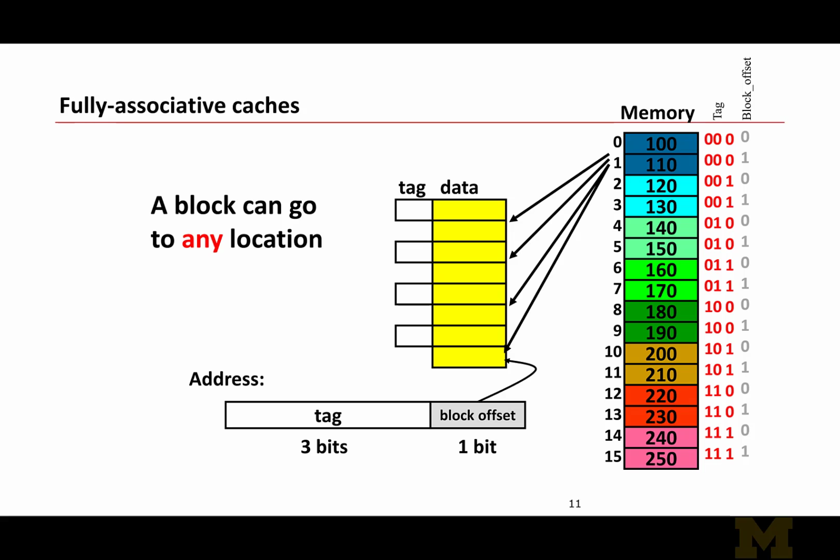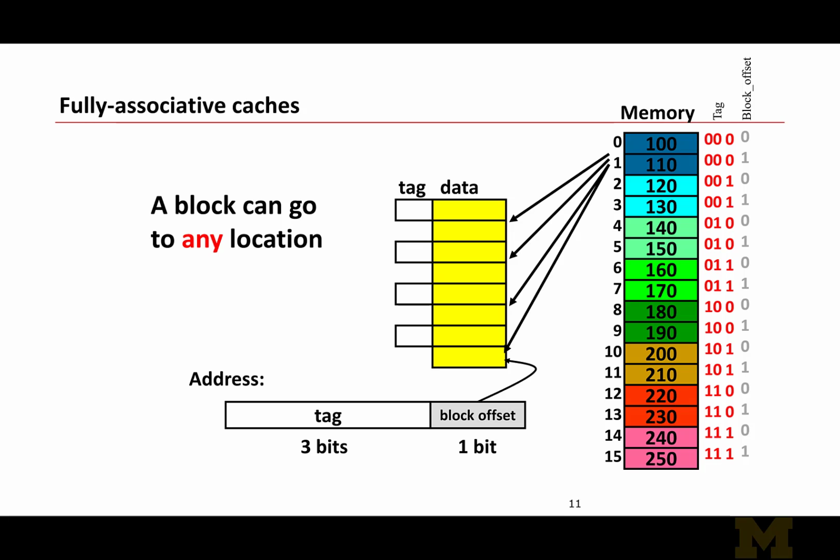And the reason why it's fully associative is because a given cache block can be stored in any one of the cache lines in the cache. So in this example, a cache block can reside in any of the 4 cache lines shown in the picture.